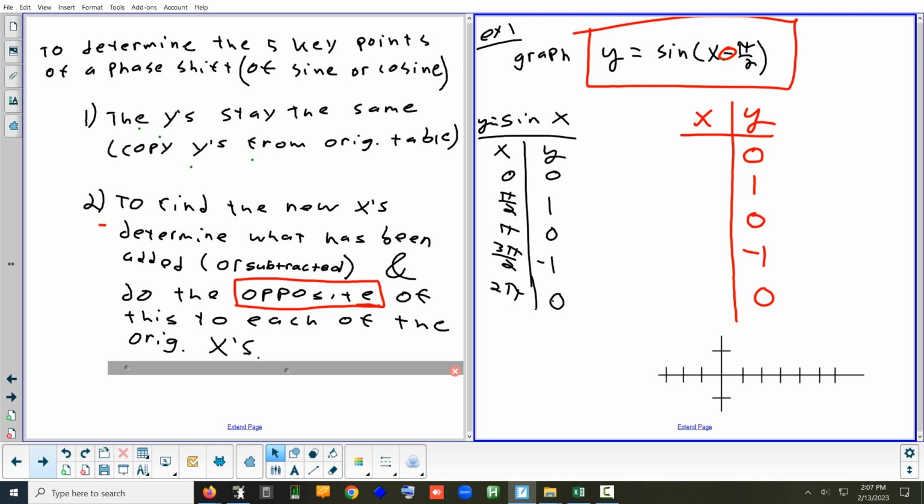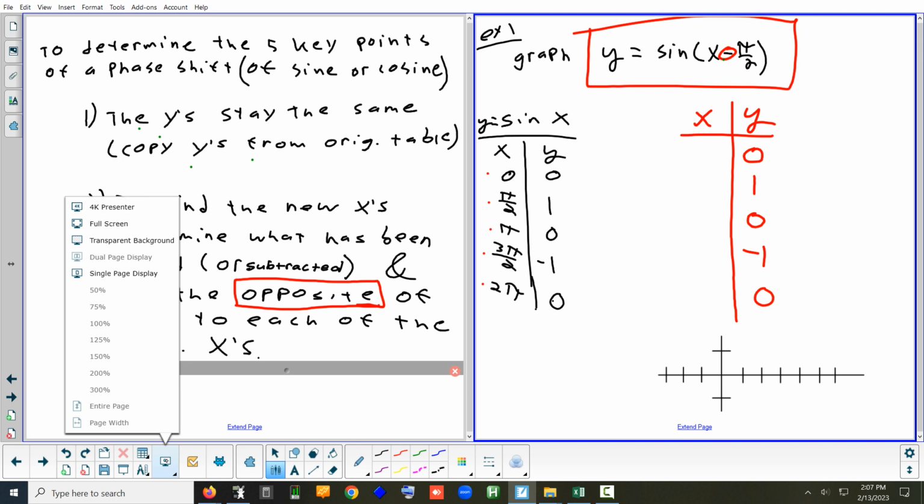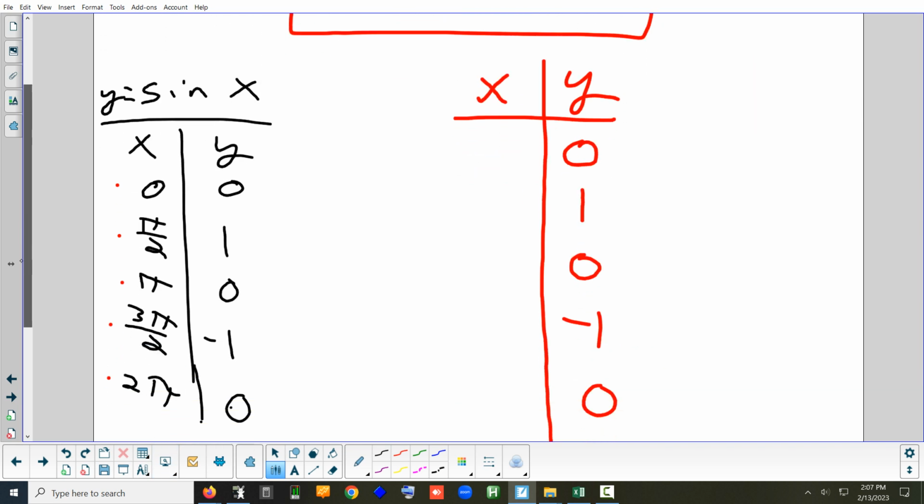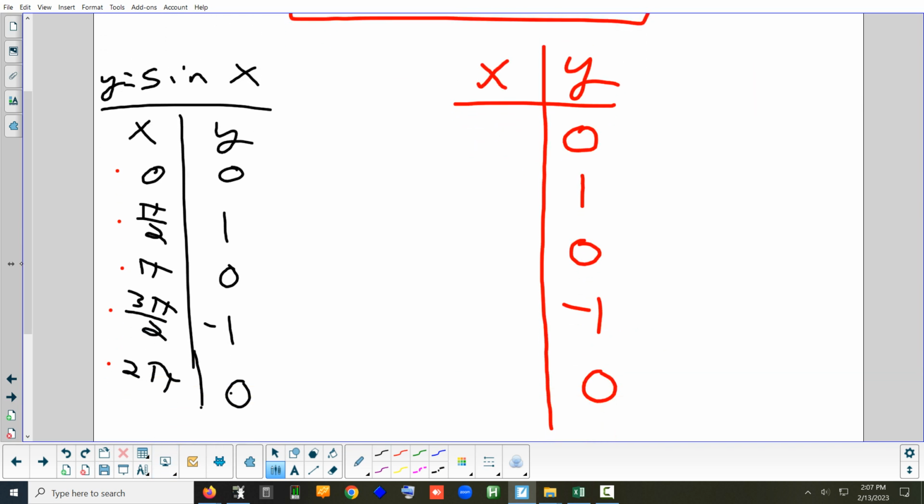All right, now it says determine what has been added or subtracted. We've subtracted pi over 2. So what am I going to do to all 5 of those original x values? I'm going to add pi over 2. So I'm going to put these original x values over here, but leave a little bit of space.